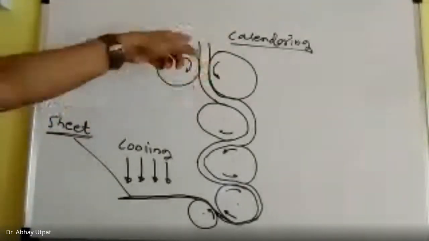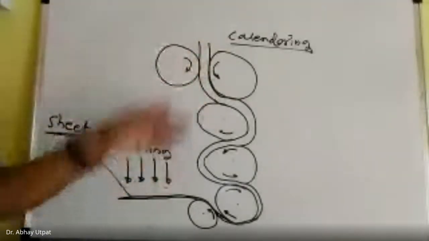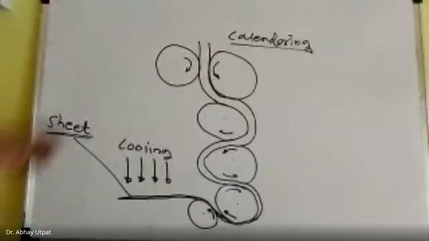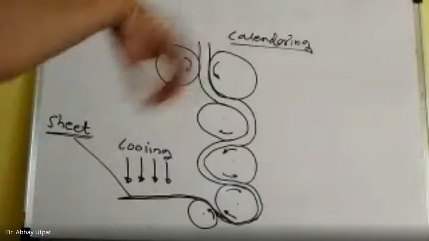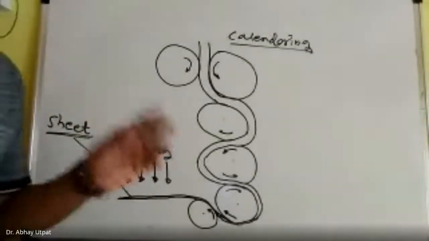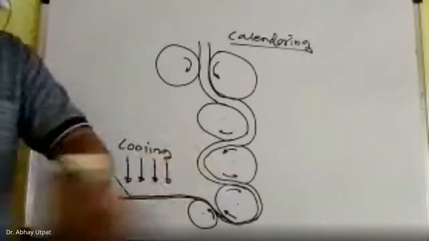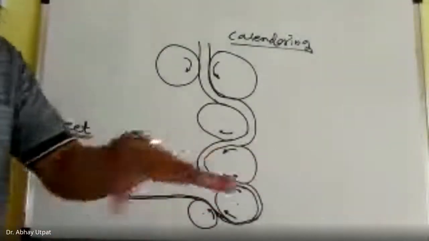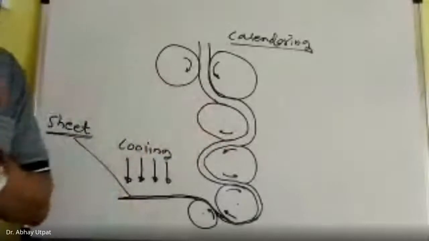Lubrication must be provided. That's why hot oil is used for heating the calendars, and then the sheet is made to pass in between the two rolls, and at the end, up to maybe 5 or 7 calendars are used, and at the end you will get the sheet. This process is very expensive and limited to some products like flooring parts, and films produced from PVC.